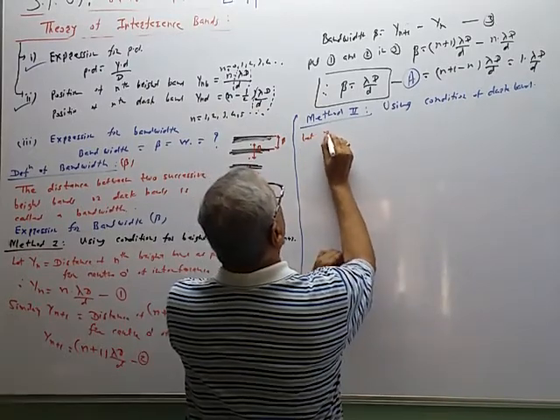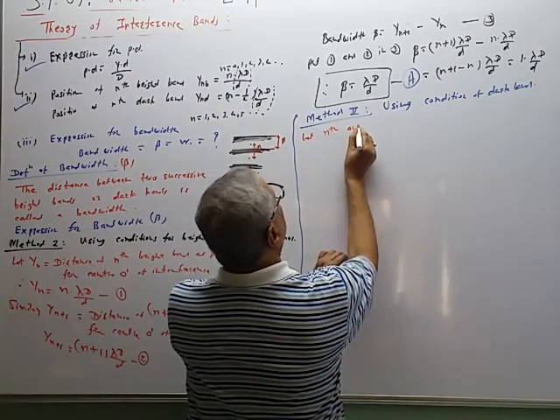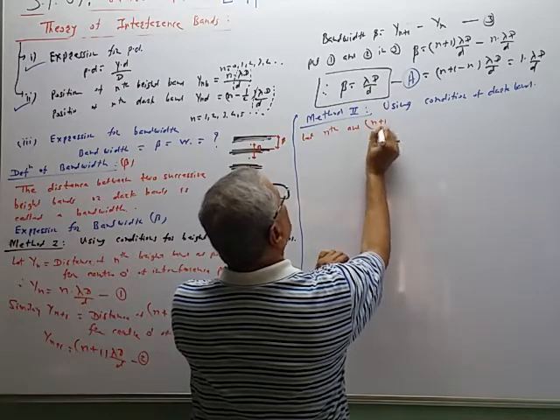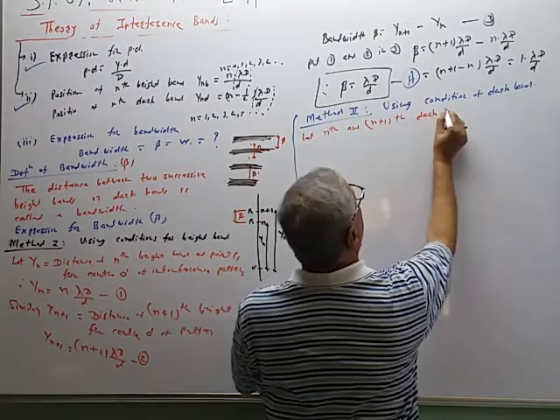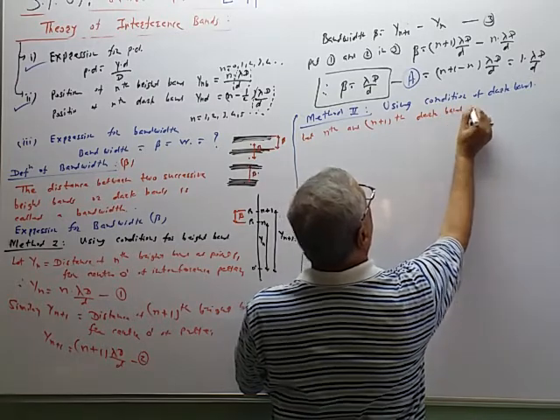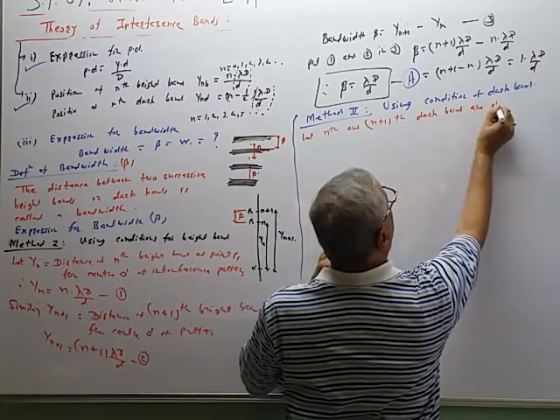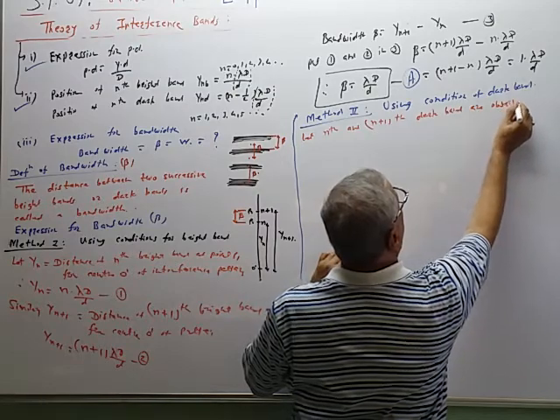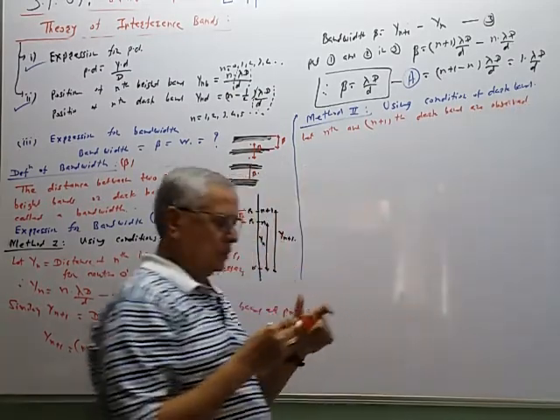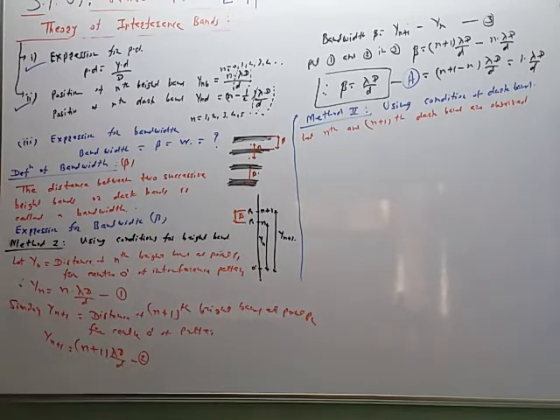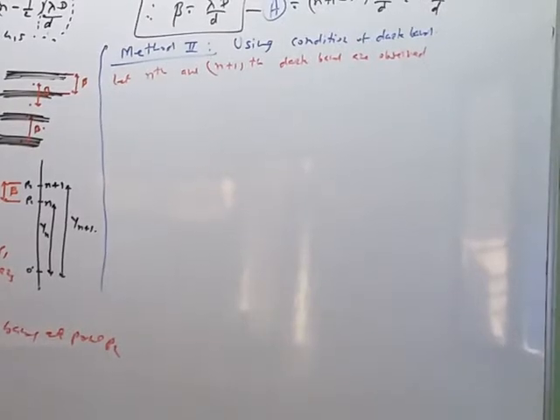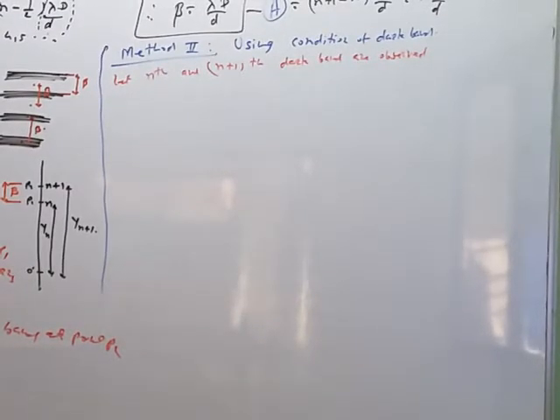Let the nth and n plus 1 dark bands be observed at points P1 and P2.